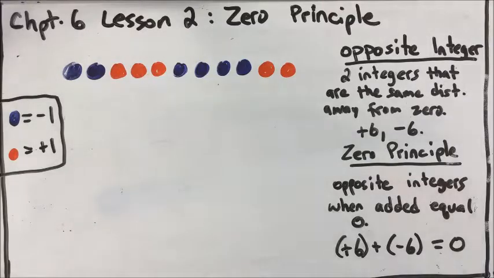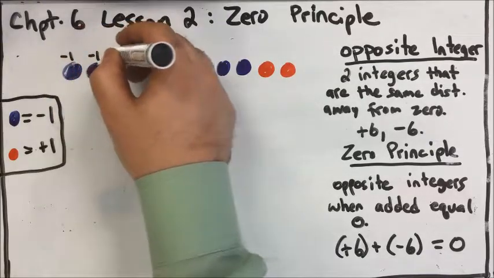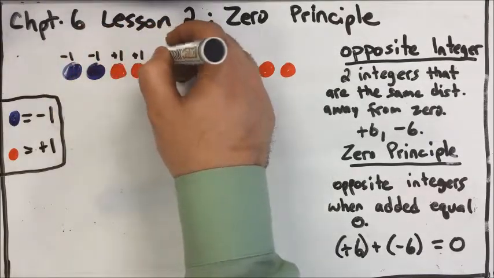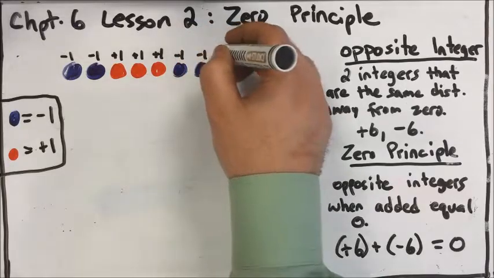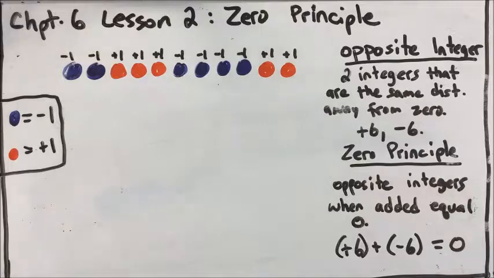Therefore, we can add these integers using the zero principle, and we know that this is negative 1, negative 1, positive 1, positive 1, positive 1, negative 1, negative 1, negative 1, negative 1, positive 1, positive 1.